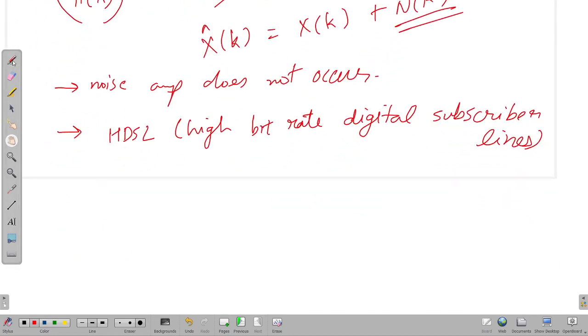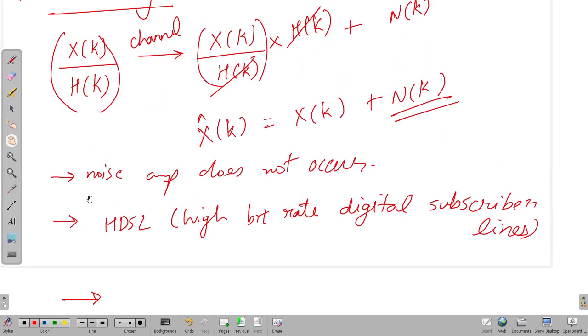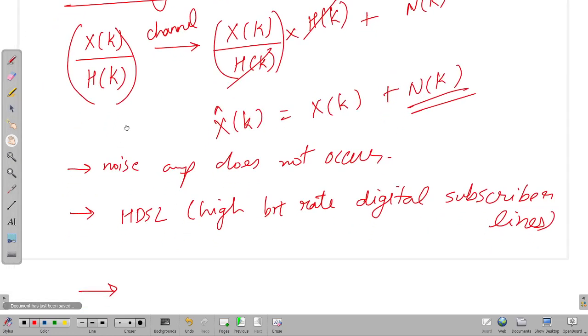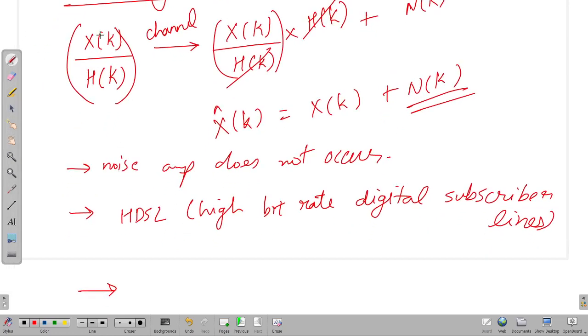And what is the disadvantage of this? It is not power efficient, because compensating with a value h of k means you are trying to add more power to the signal. h of k is a value which is less than 1, so when you do x of k divided by h of k, we are actually adding more power to the signal.